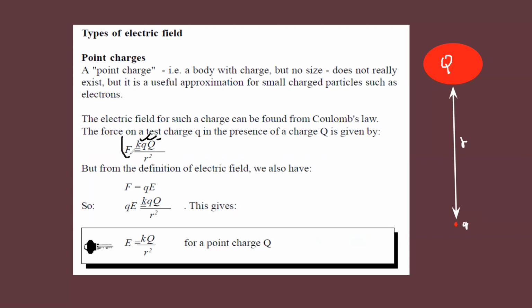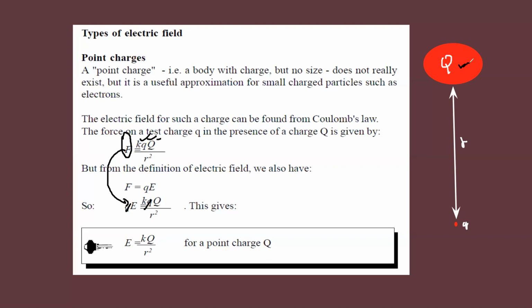We also know, according to the electric field strength formula, E is equal to F over q. So F is equal to E multiplied by q. In place of F, I can write Eq, so this q will cancel with q. We can say E is equal to K capital Q over r squared.